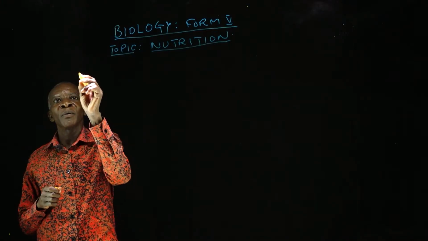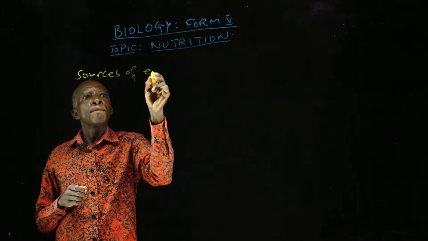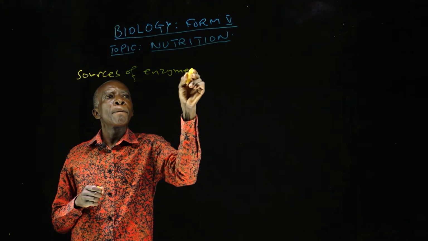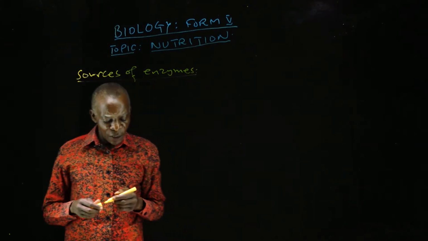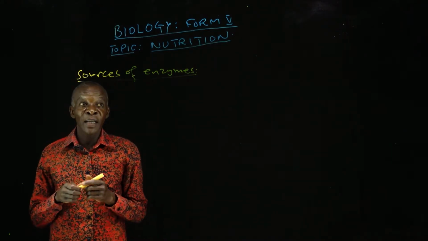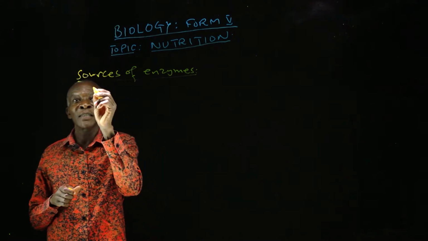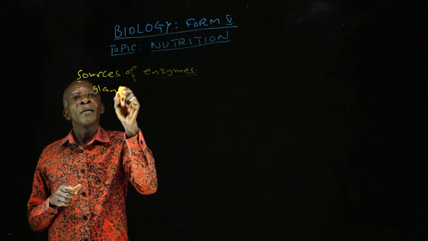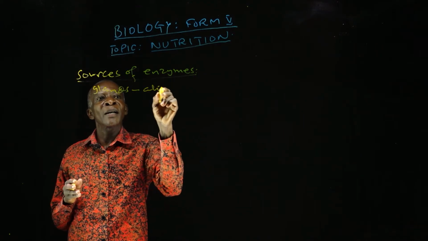Now, what are the sources of the enzymes? Well, the enzymes are secreted or produced by their respective glands in the alimentary canal.